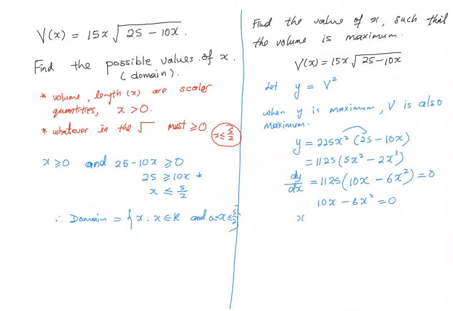So x equal to 0 or x equal to 5/3. Then I draw the sign diagram of dy/dx. 0 to 5/2, then 5/3 is here. Since the question says maximum, I know here is a plus, here is a minus.